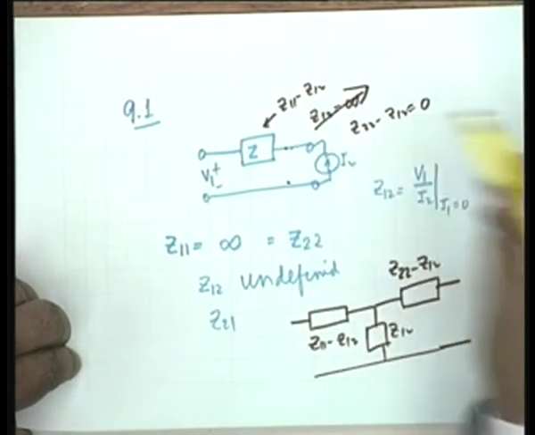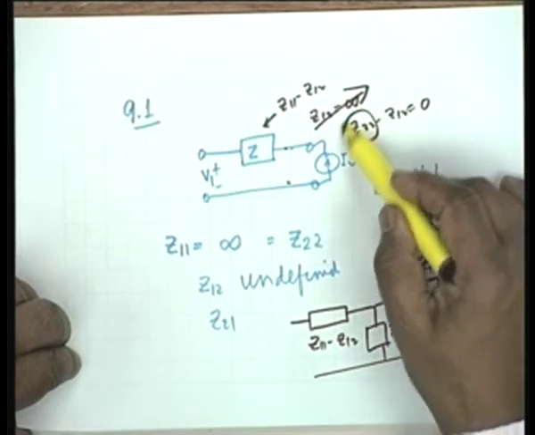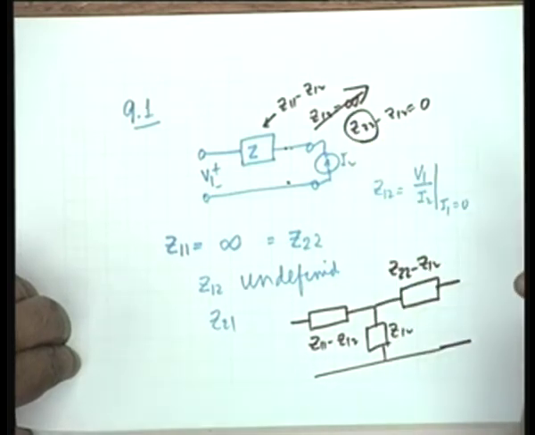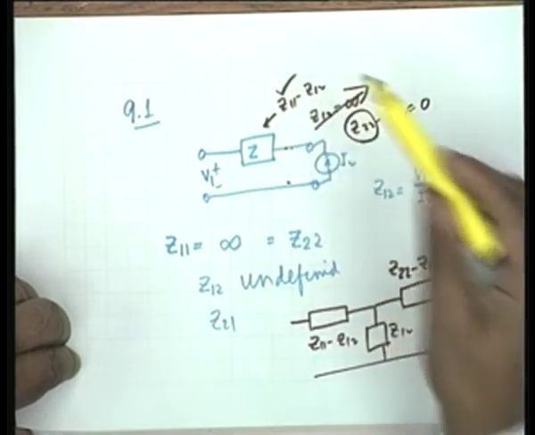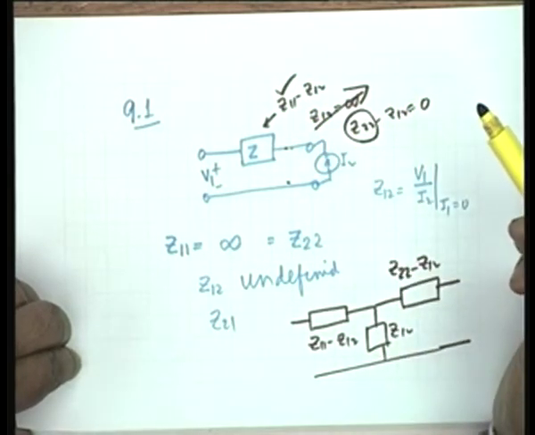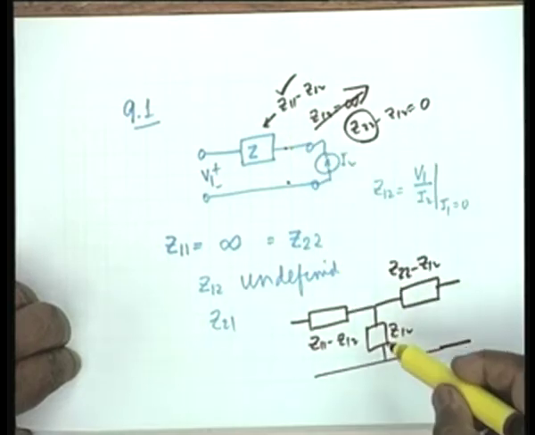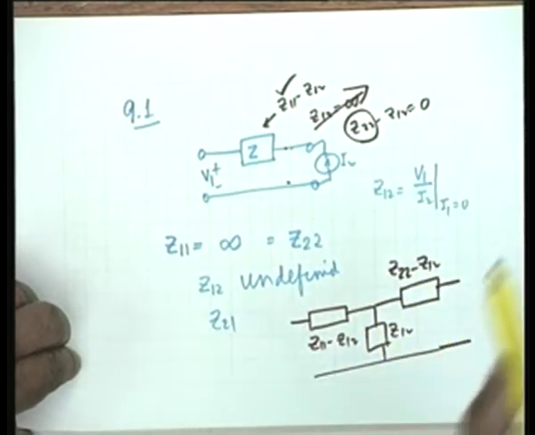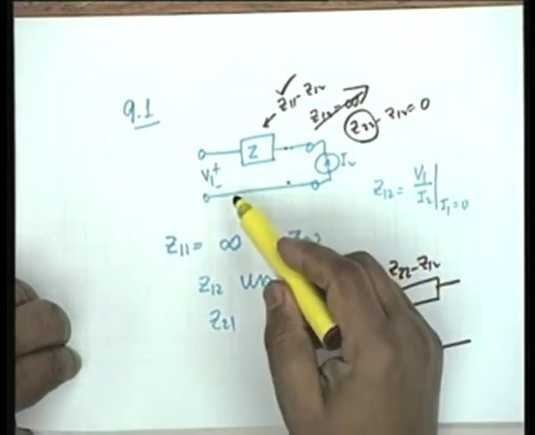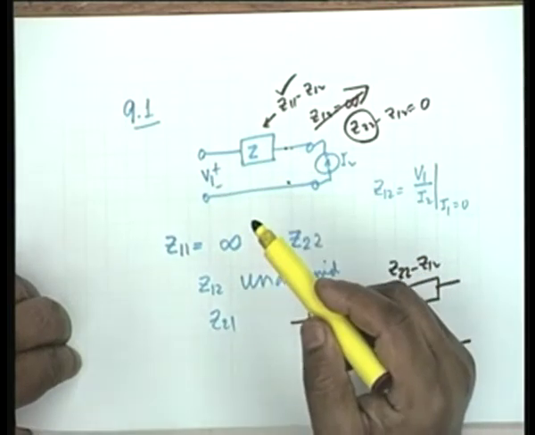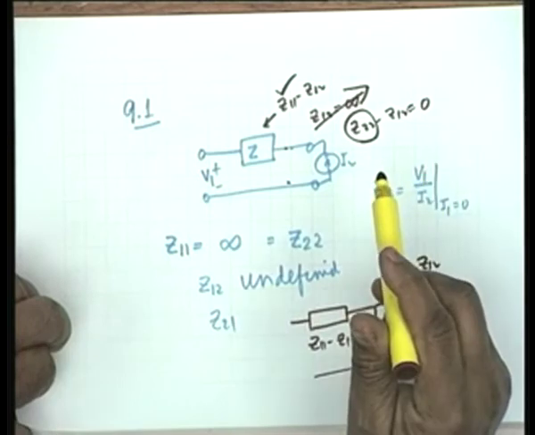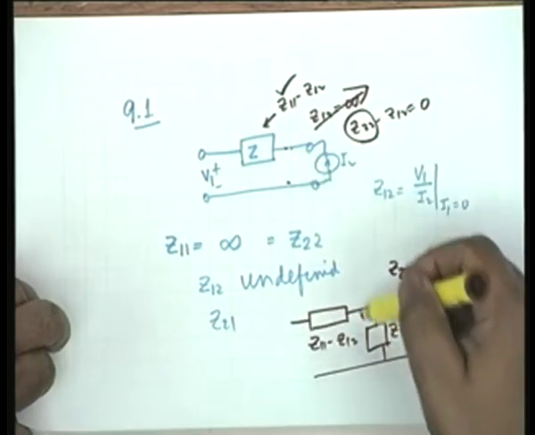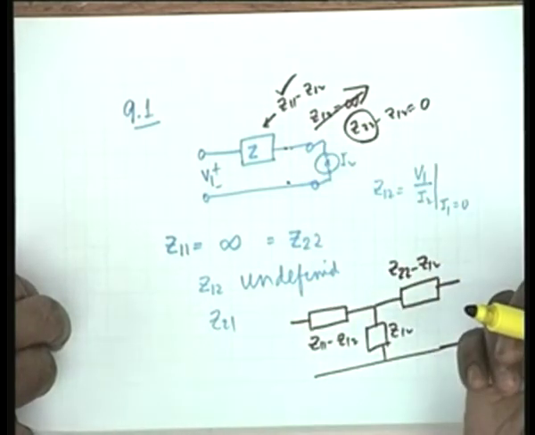And therefore Z22 is also undefined or infinite, whatever the case may be, and Z11 minus Z12 should also be infinity then. One of the ways is to compare the two equivalent circuits. We can do this comparison because the architecture of the given network is a 3-terminal one, correct? We can compare and immediately write down the Z parameters.